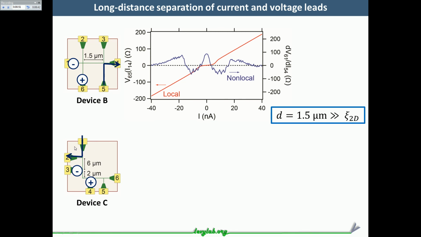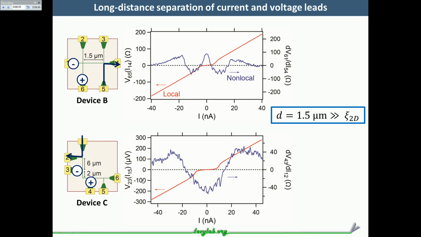In another device, we can source current through 1 and 2, measure at 4 and 3, and again you see a non-local signal. Why do you choose this particular sign? What is your choice of what's positive and what's negative? Here, this is V plus and this is V minus.